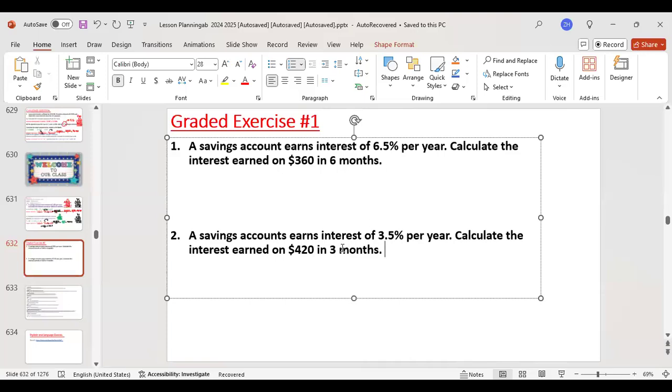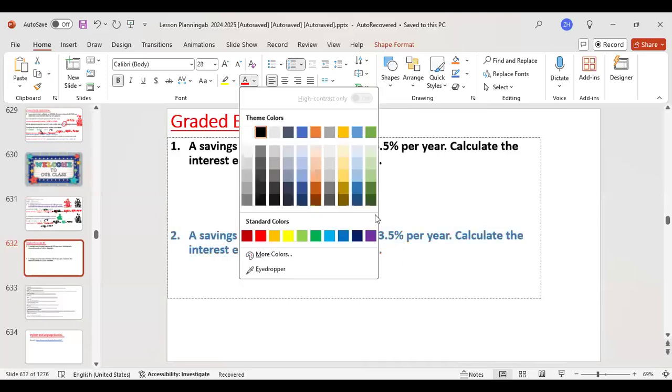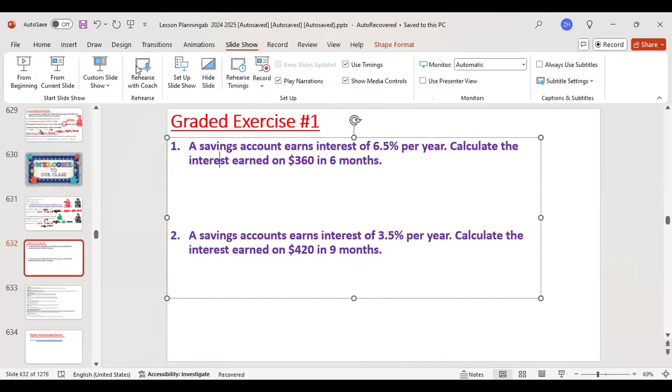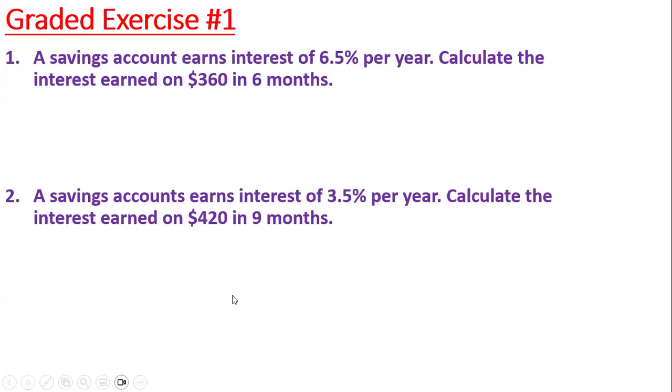No, 3 months is unlikely. Let's do 9 months. All right, just two of these. So once you finish with the quiz, then you can go ahead and do these two questions.